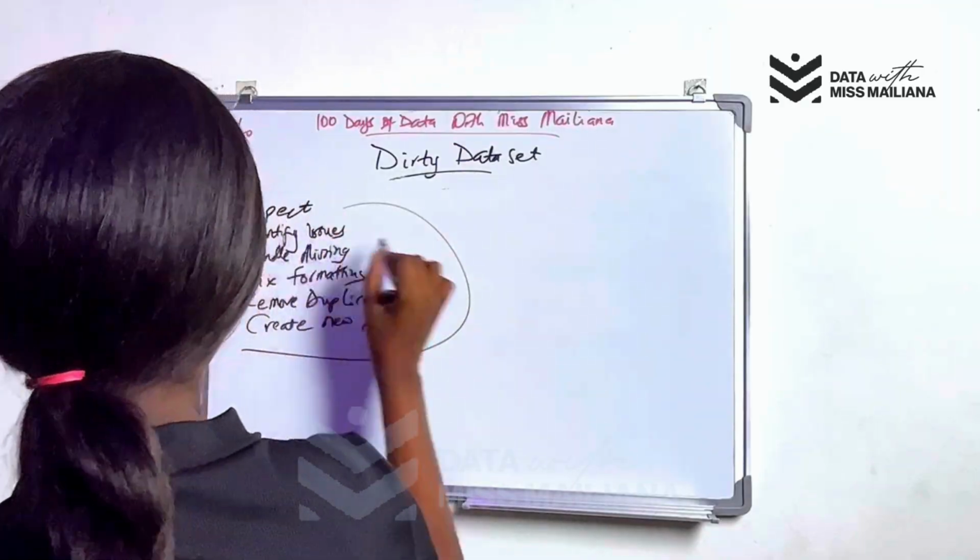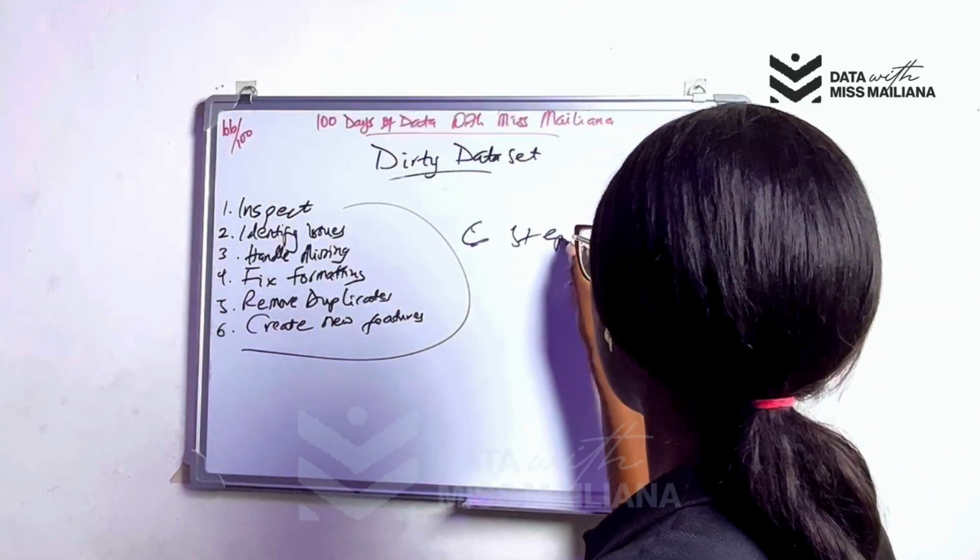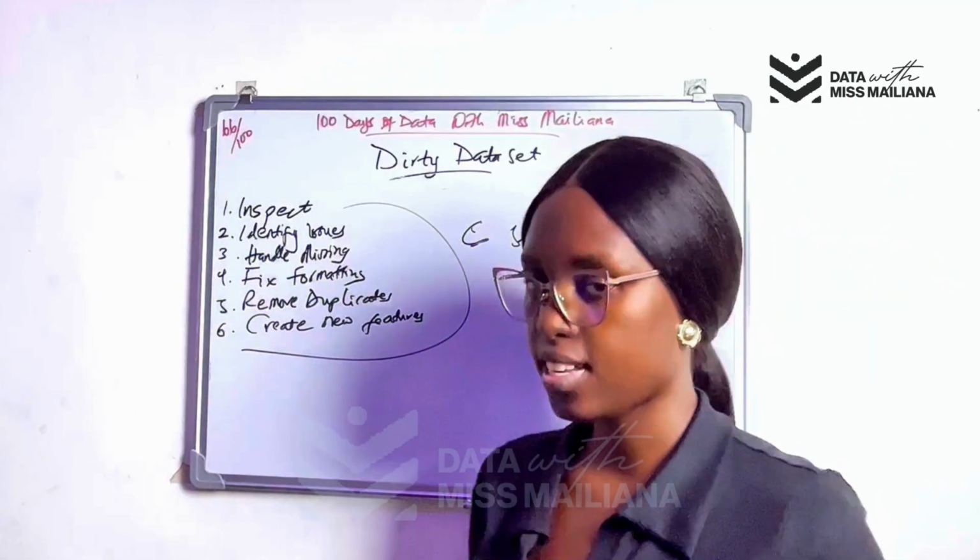So these are the 6 steps in handling a dirty data set.